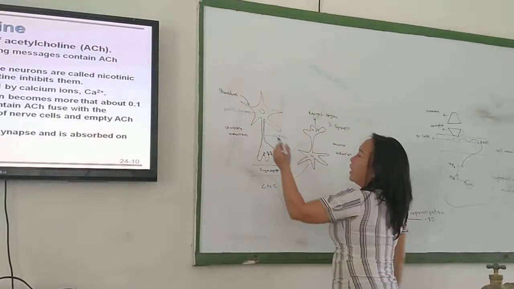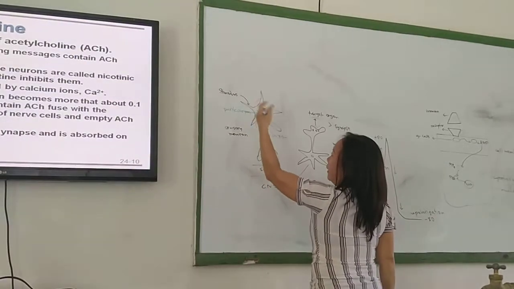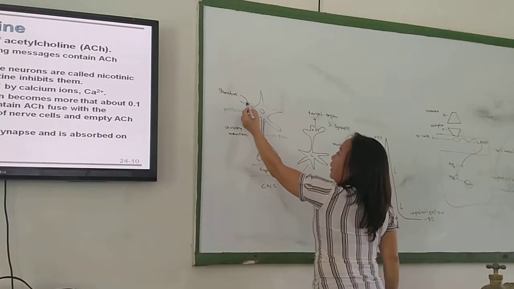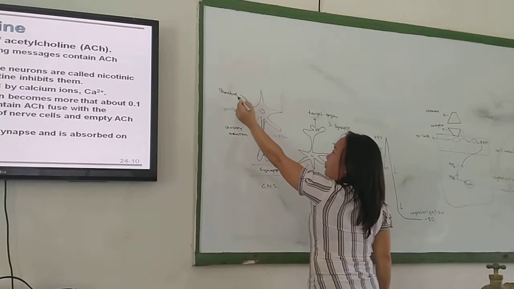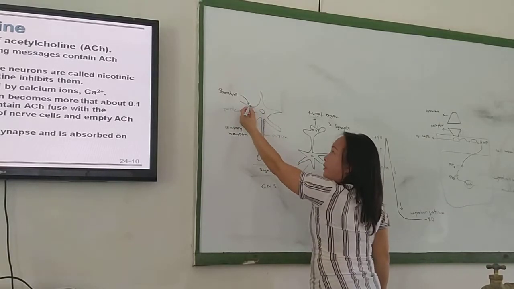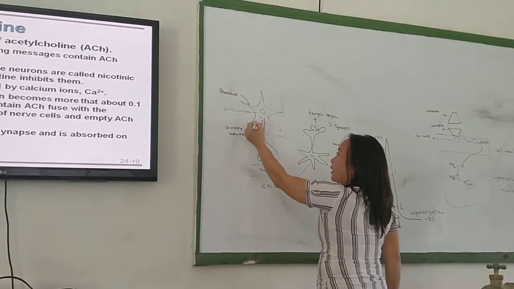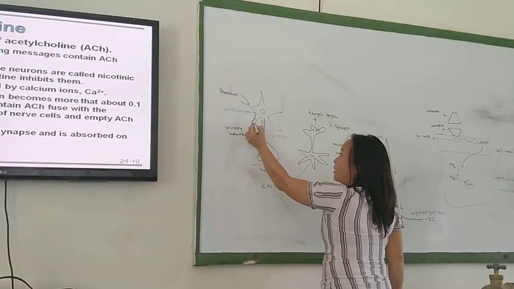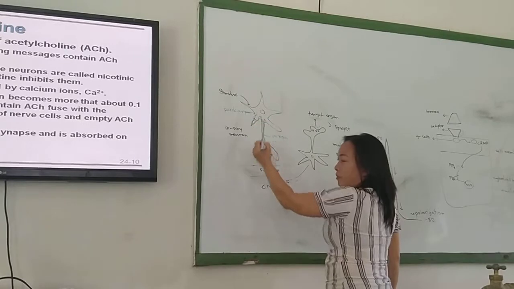So this is how it happened. The stimulus, which is pain, or say a specific stimulus, is received by the dendrites, and the information travels in a wave.